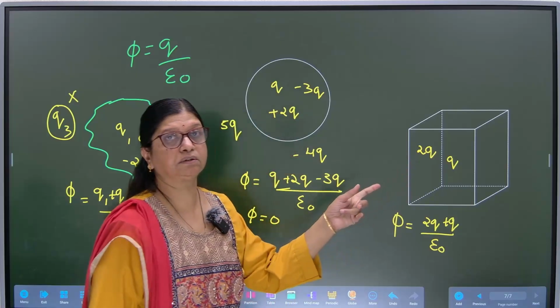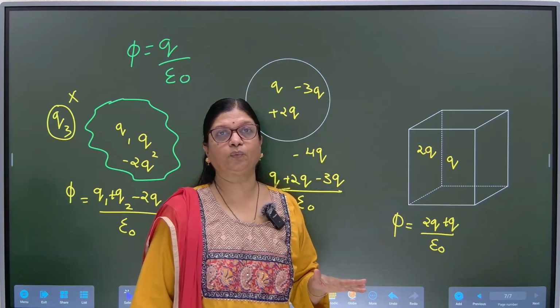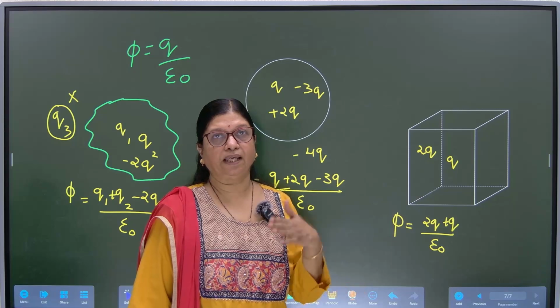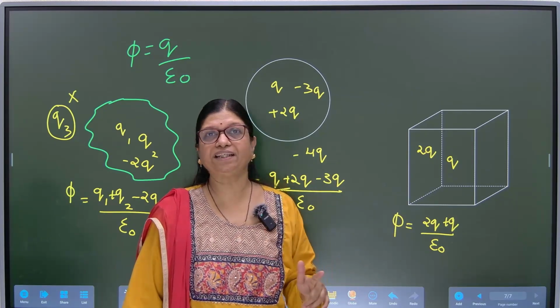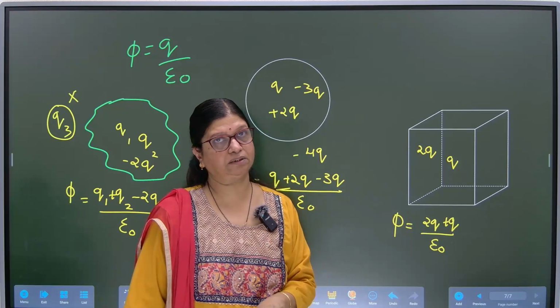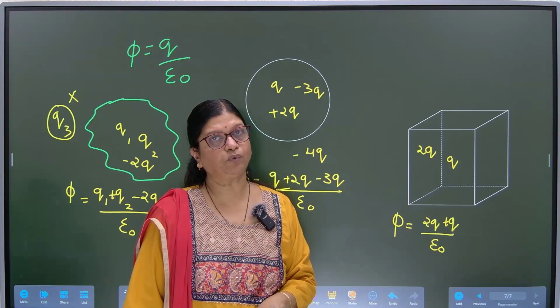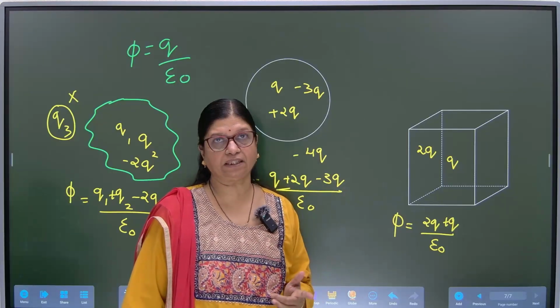Now because in a cube all the surfaces are equal area-wise, if they are asking us what is the flux through one surface, then what should we do? Let us consider n surfaces.